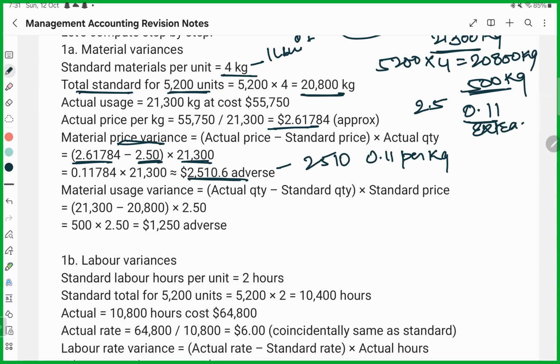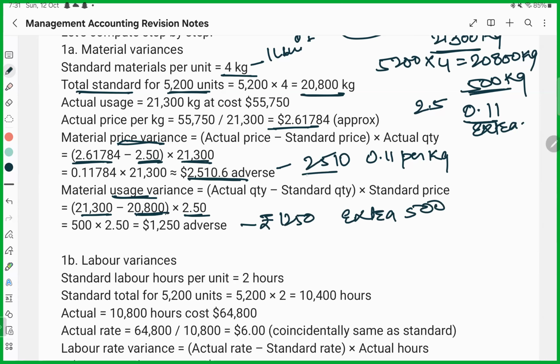Now let's talk about the material usage variance. I would have used 20,800, but have incurred 21,300. So on the basis of the standard rate, I have wasted 1,250 rupees extra because I have used an extra 500 kgs.